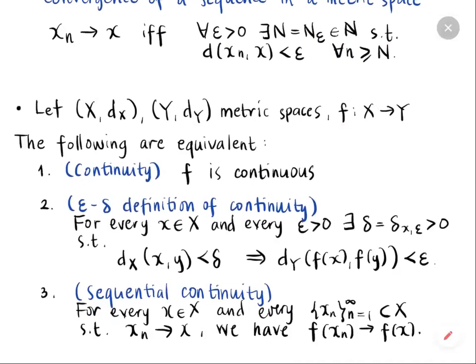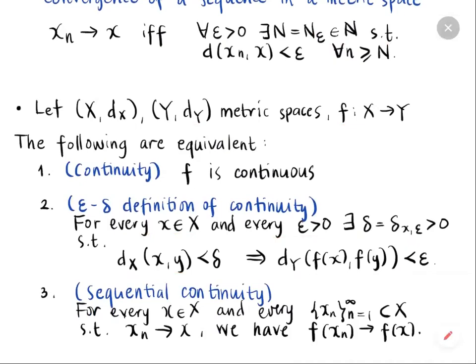This means that for any point X in the domain, and every positive number epsilon, I can find a delta depending on the point X and the positive number epsilon, such that if the distance between X and Y with respect to the metric of the domain is less than delta, then the distance between the corresponding images with respect to the metric of the codomain is less than epsilon.